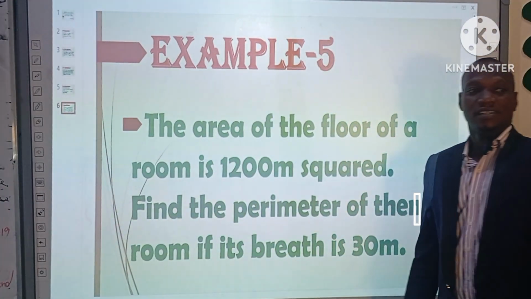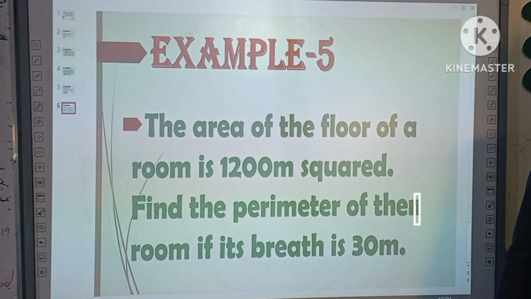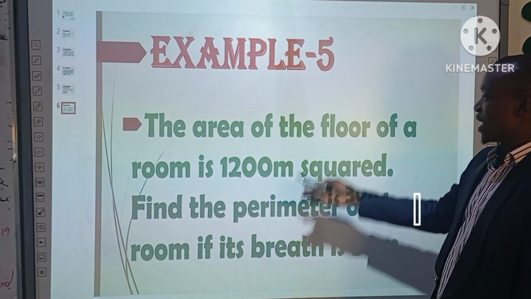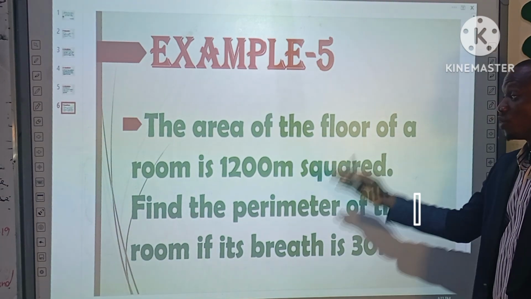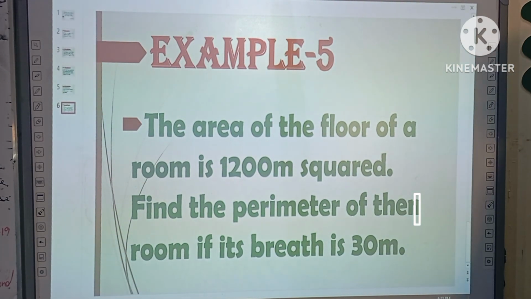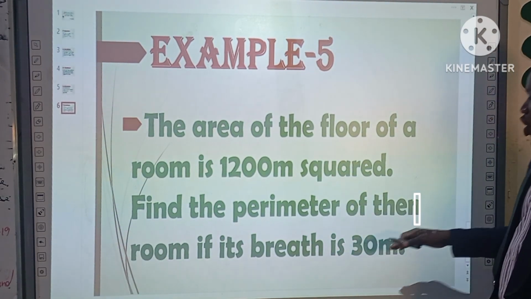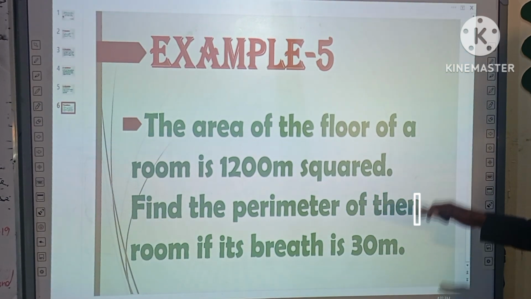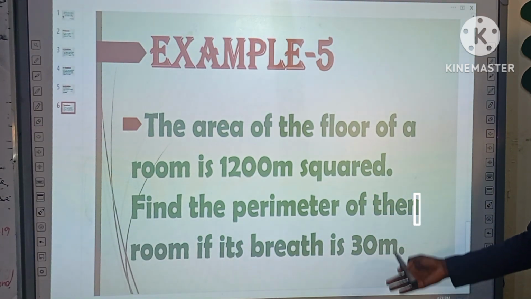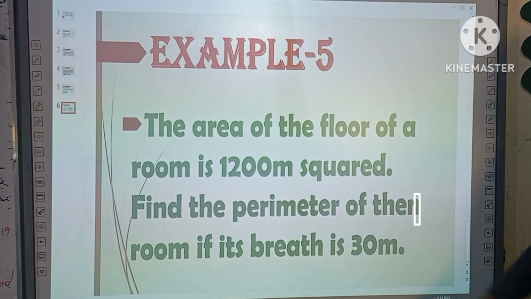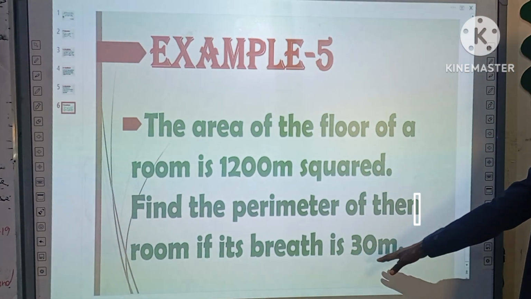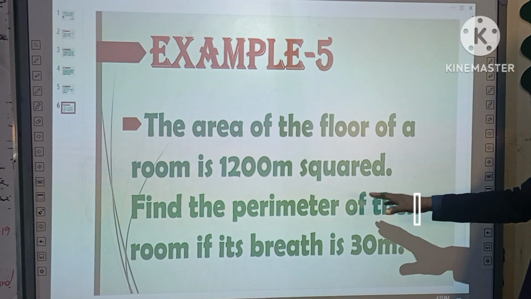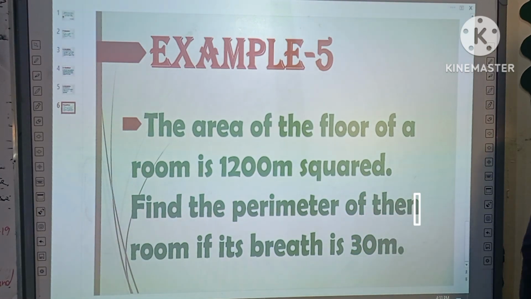Meters. Let's take another question, the last question for today. And in this question, we are asked to look for the area. It said the area of the floor of a room is 1,200 meters squared. Find the perimeter of the room if its breadth is 30 meters. This question, we need to think. First of all, determine what type of shape it is. Since the breadth has been given, this is a rectangular room.